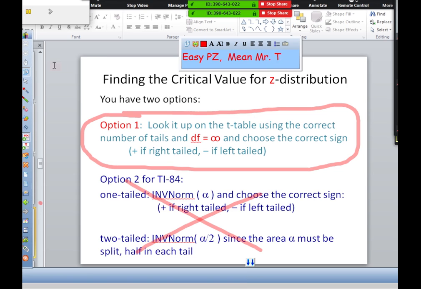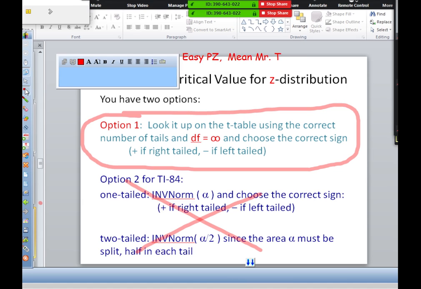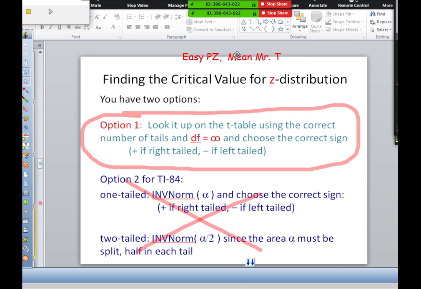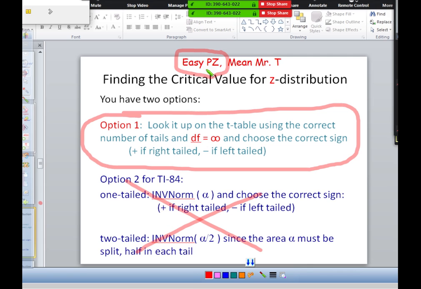So which one of these applies to the z-distribution? Easy peasy or mean Mr. T? Which one has a z in it? Easy peasy? Yep, this one. Proportion, exactly. Proportion, z-table.